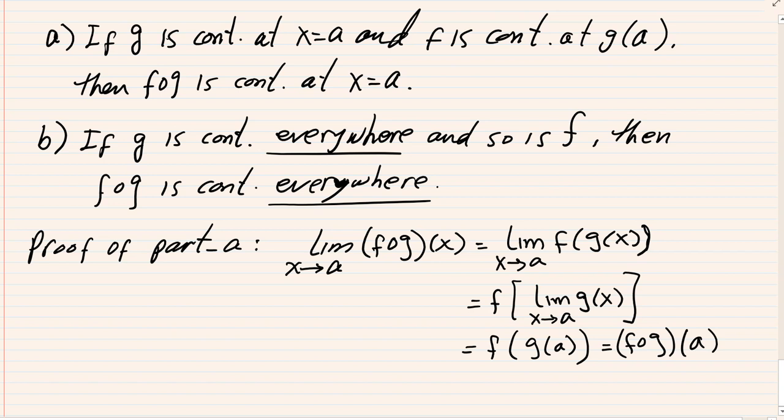So in effect, we showed that the limit of the composition exists, the function composition at a is defined, and that the limit is equal to that. Remember parts 1, 2, 3? So we just showed part 3 of that, which implies the other parts 1 and 2 also.